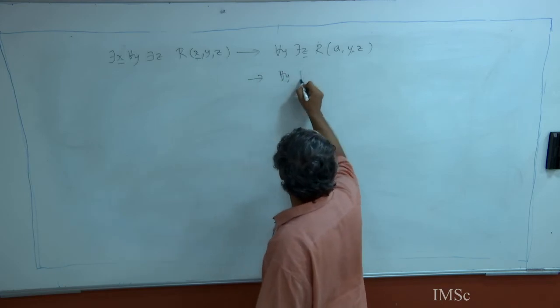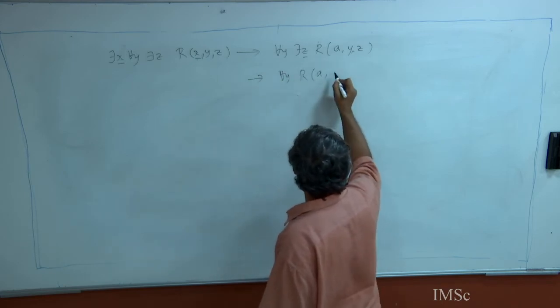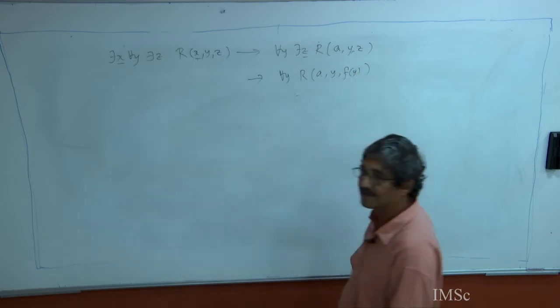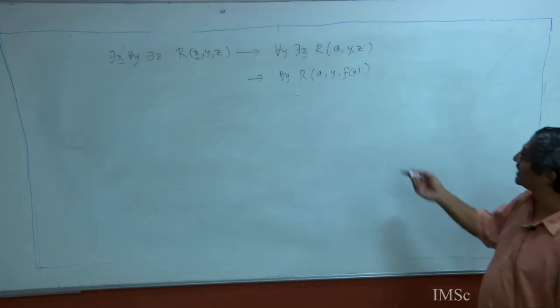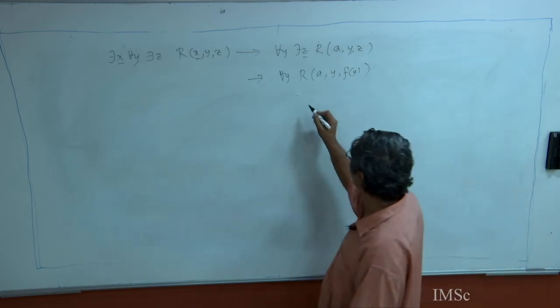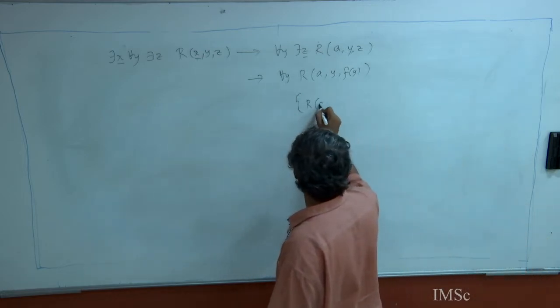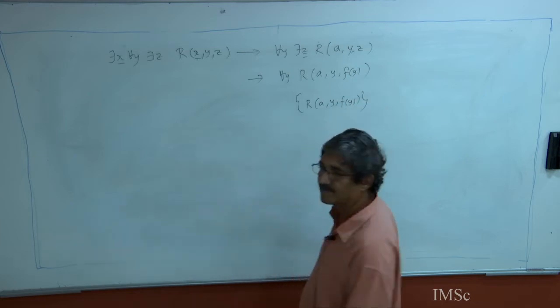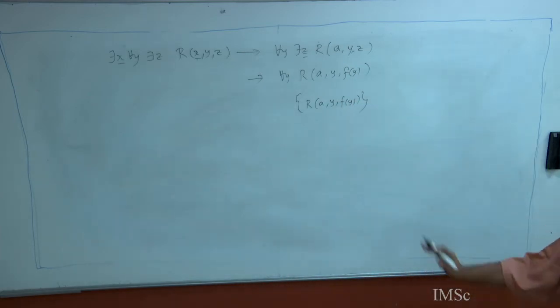So you replace this by R a y f of y, and then simply drop the universal quantifier. In clausal form, you have exactly one clause. So this is how you use Skolemization to convert formulas into clausal form.